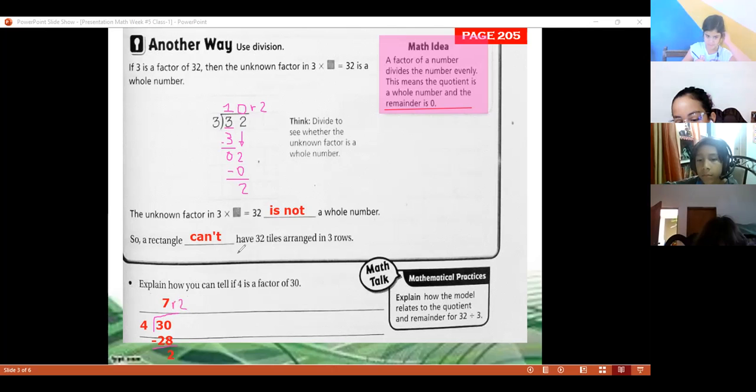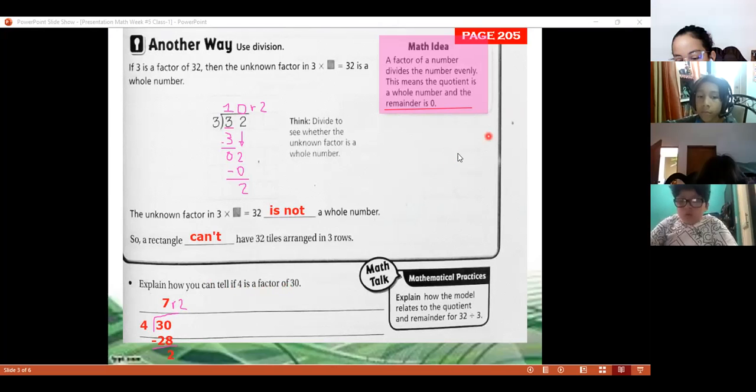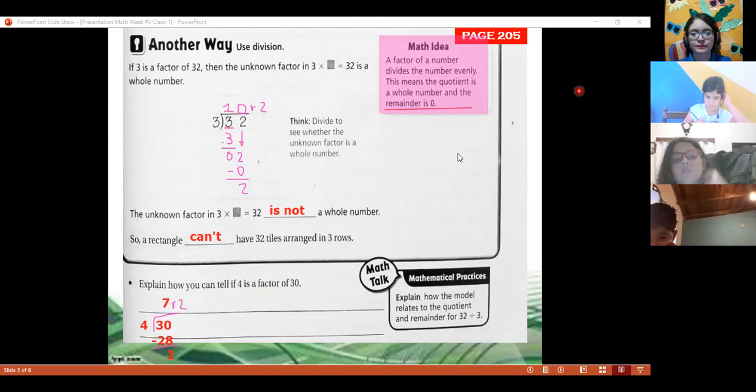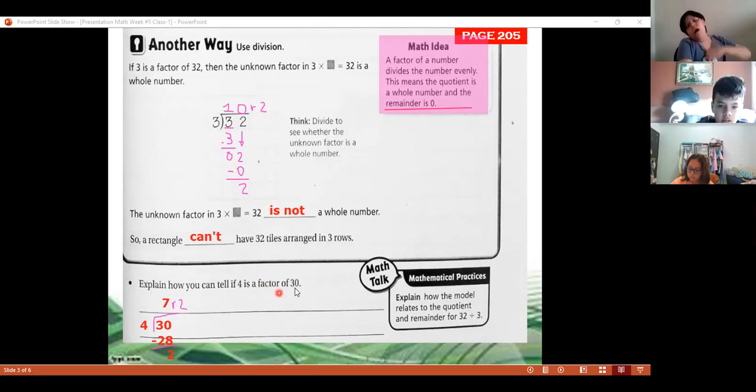Now, the question is here. Can you tell if 4 is a factor of 30? Is it a factor or not, class? Okay, Becca, you have background. Yes, it's a factor. 4 is a factor of 30? Yes. Why? Tell me why you say yes.